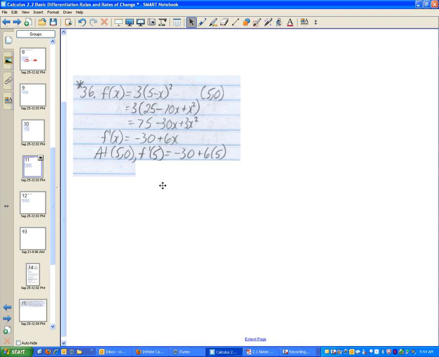So negative 30 plus 6 times 5. Negative 30 plus 30 is 0. So we now know that the slope of the graph at the point 5, 0 is 0. In other words, the slope of the tangent line at the point 5, 0 is 0. What kind of tangent line is that if the slope of it is 0? It's horizontal. We have a horizontal tangent line at that point.